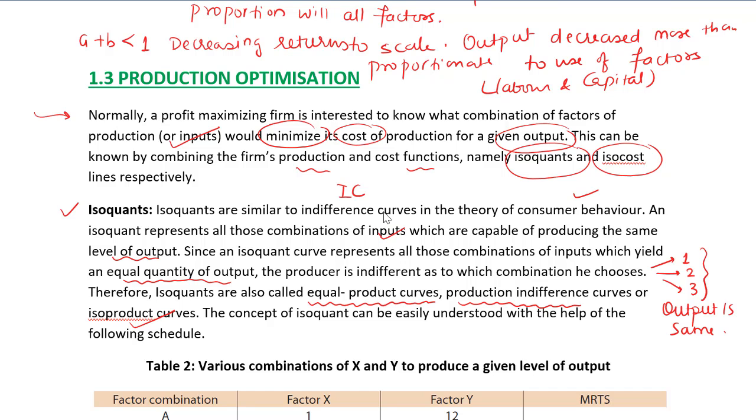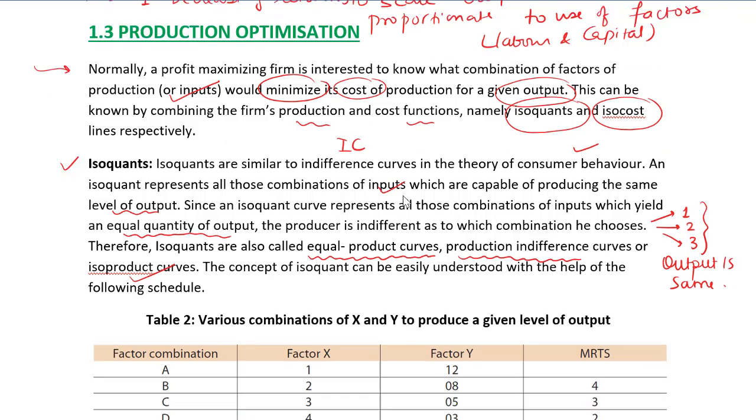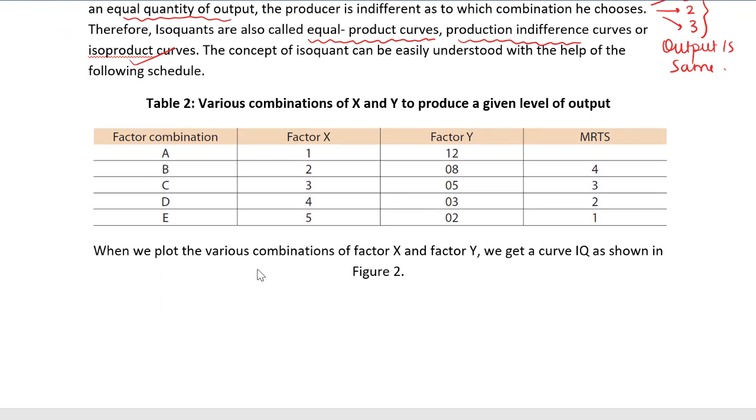The concept of isoquant can be easily understood with the help of the following table. Just see it over here. These are factor combinations. In combination A, the factor X is 1 unit, the factor Y is 12. In combination B, the factor X is 2, the factor Y is 8. MRTS is 4. What is MRTS?